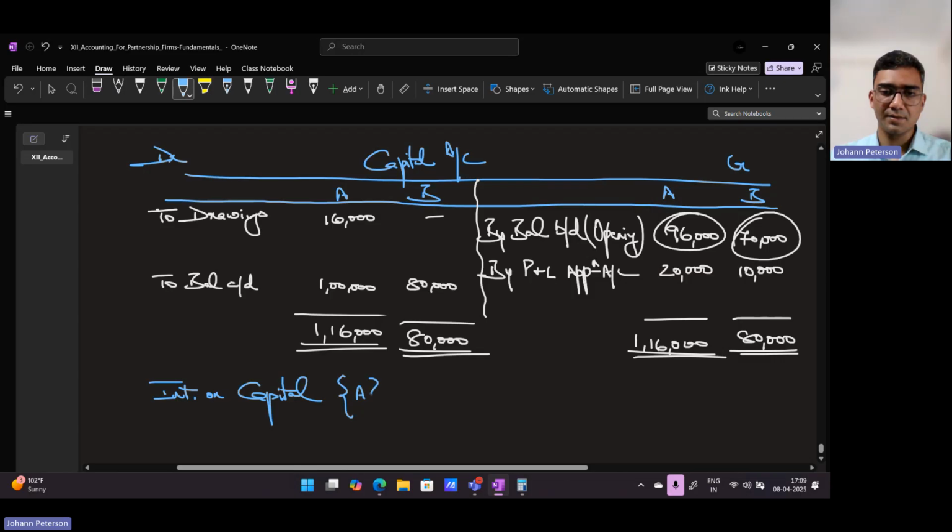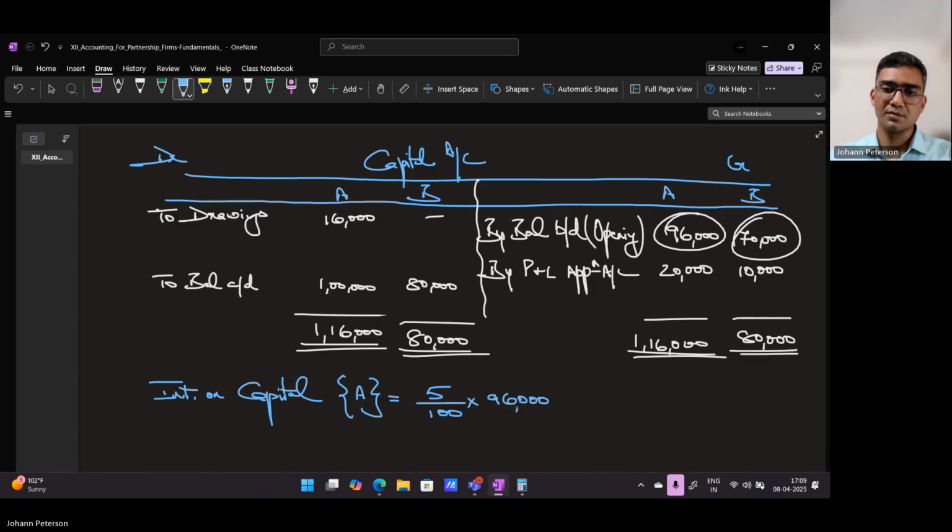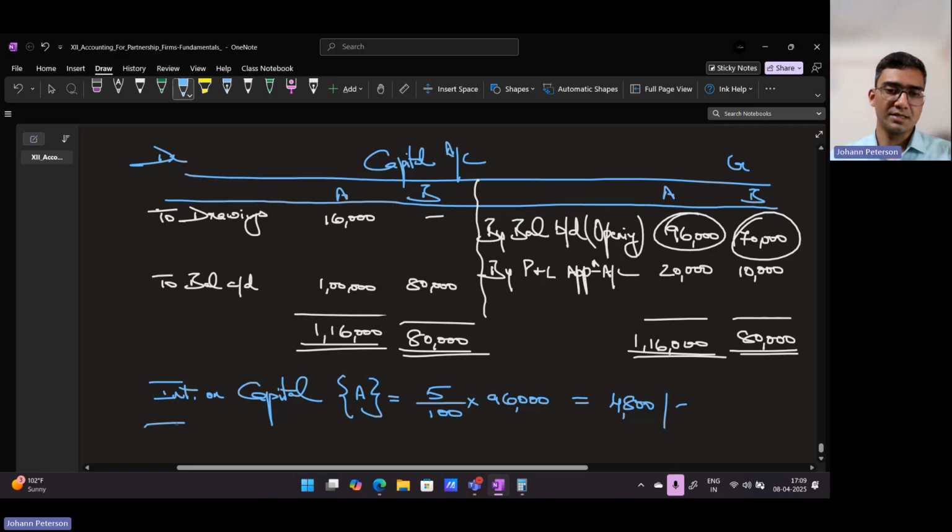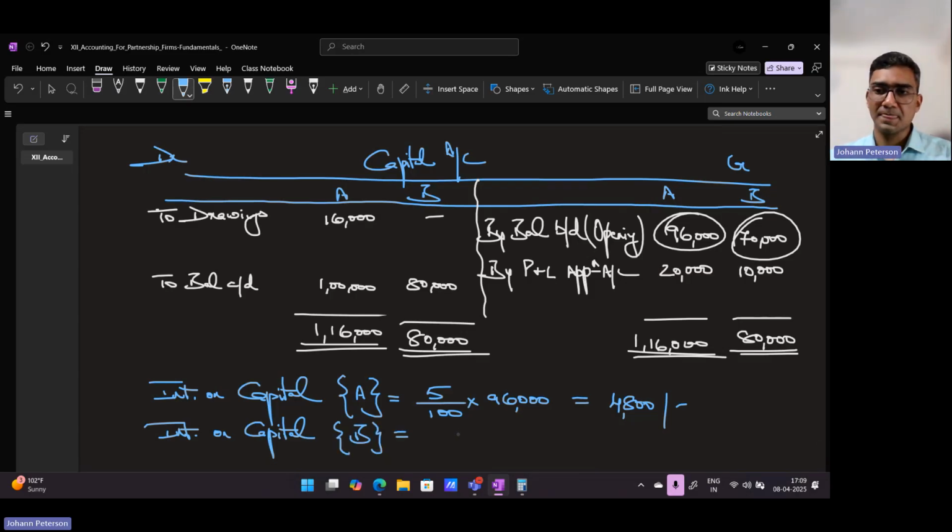of A is 5% of 96,000. 10% is 9,600. So 5% will be half of that, which is 4,800. And interest on capital of B will be again 5% of 70,000.